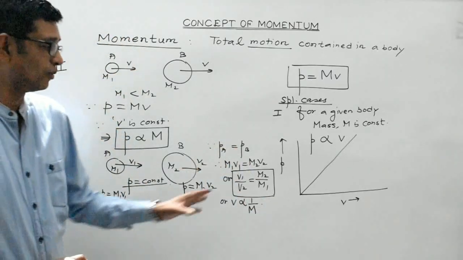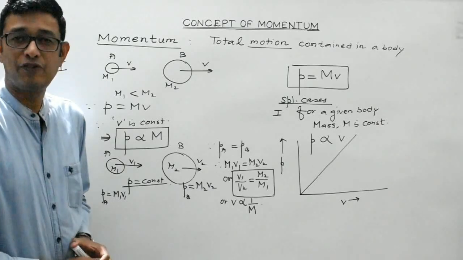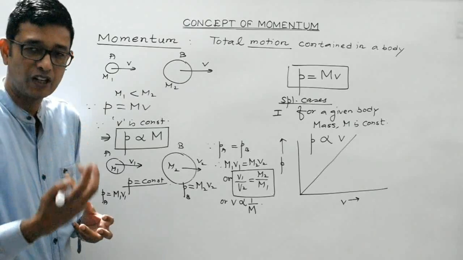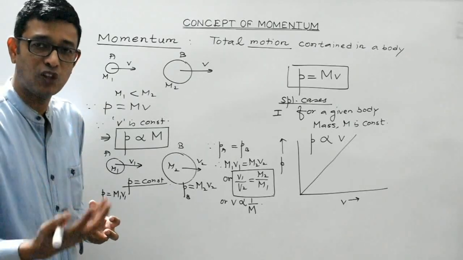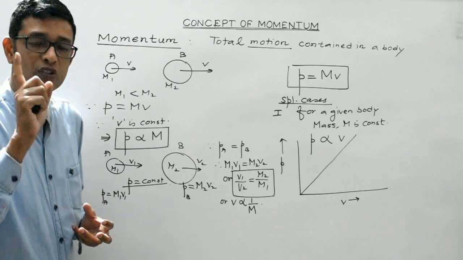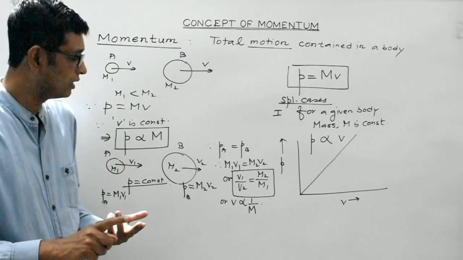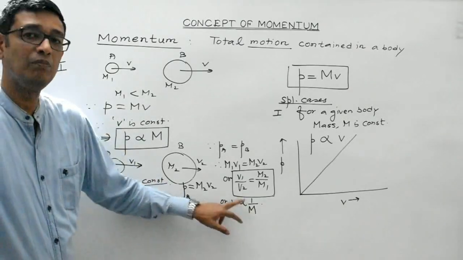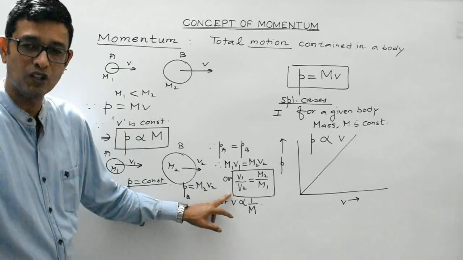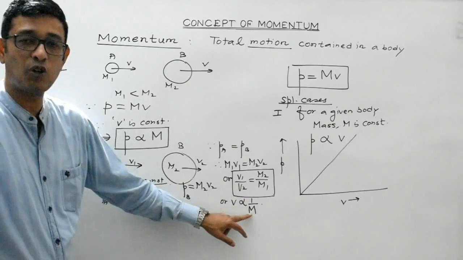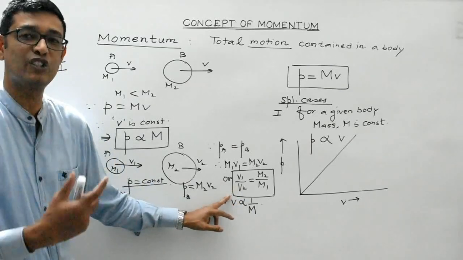So what do you conclude from this, students? If 2 different bodies having different masses moving with different velocities possess the same momentum, then we conclude that the heavier body must possess smaller speed, it must be moving with low speed, while the lighter body must be moving with greater speed.